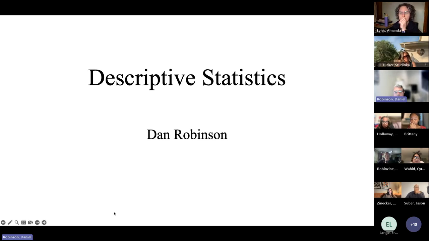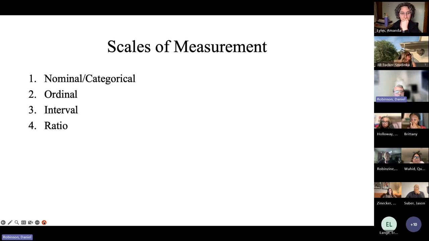So anyway, all right. So this is descriptive statistics. Talk a little bit about scales of measurement first, because that will come up as a theme throughout this class. There are different ways of measuring variables, and measurement simply means giving something a number.